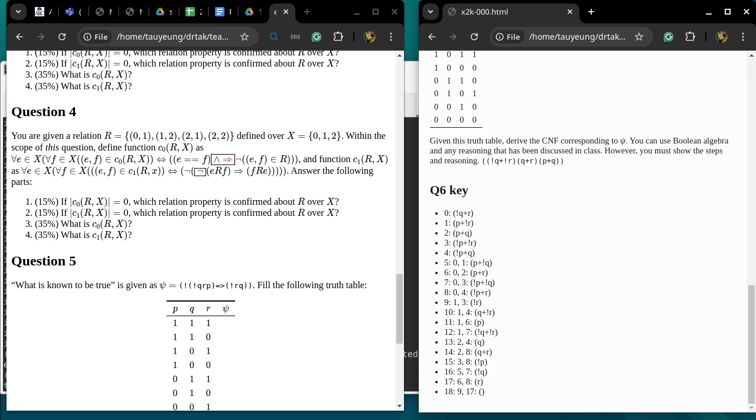So are there any questions about exam 2? Are there multiple variations of question 6? Yes. Are all of them solvable? Yes.